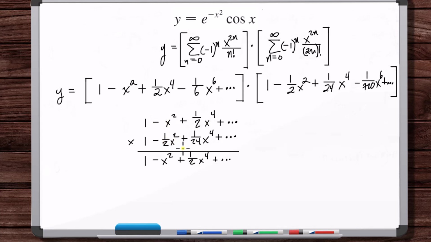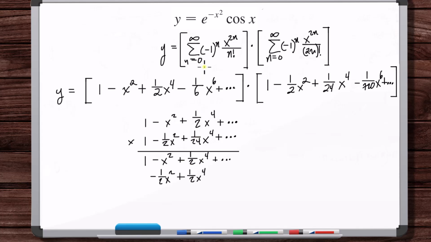Minus 1/2 x squared times 1 is minus 1/2 x squared, but we don't put that here. We always line up the order of the x terms. So minus 1/2 x squared, and then minus 1/2 x squared times minus x squared is positive 1/2 x to the 4th.